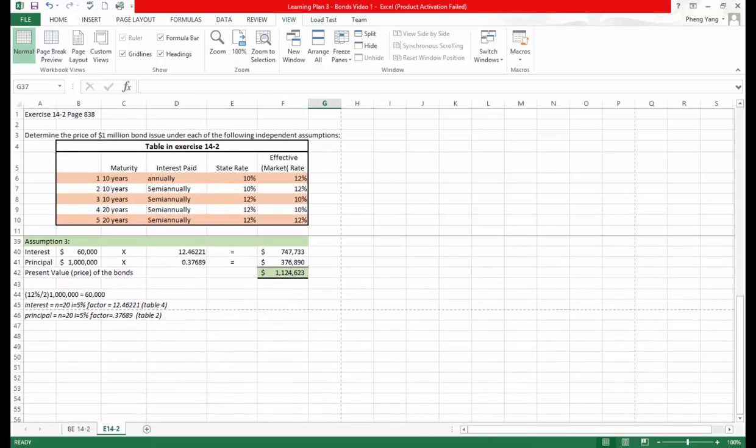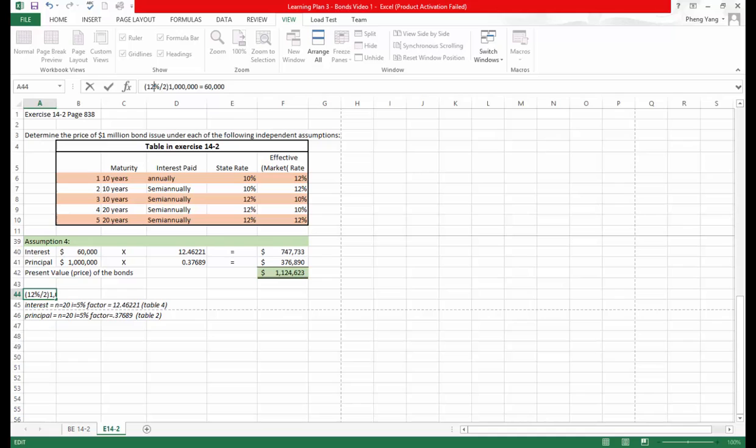All right, assumption 4. Assumption 4 is 20 years, paid semi-annually, stated rate of 12%, effective rate of 10%. So we'll have the 12 divided by 2 again, which is 6% times 1 million.